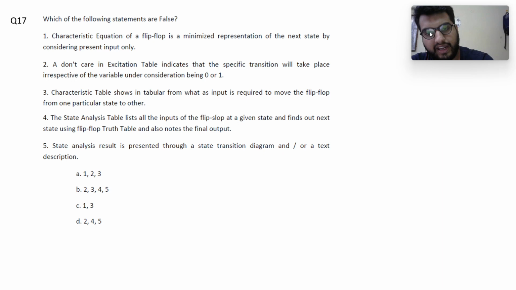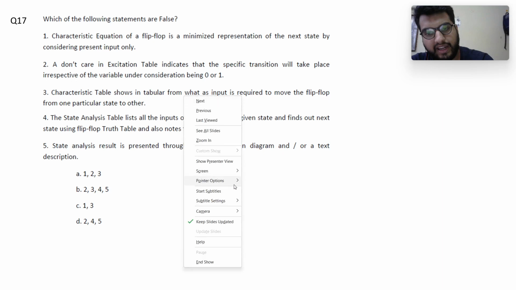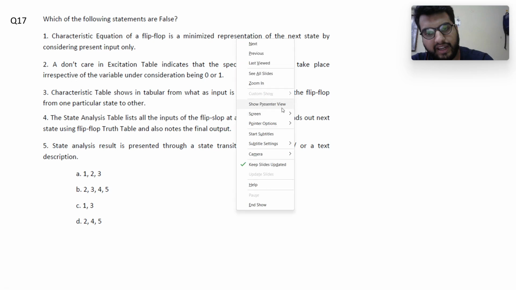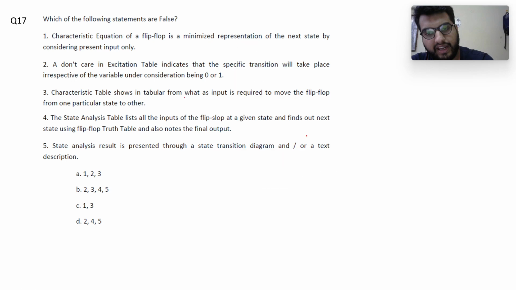So based on these statements, the statement that is incorrect is number 1: characteristic equation of a flip-flop is a minimized representation of next state by considering present input only. What it should be is: characteristic equation of a flip-flop is a minimized representation of the next state by considering present input and present state. So this is incorrect.